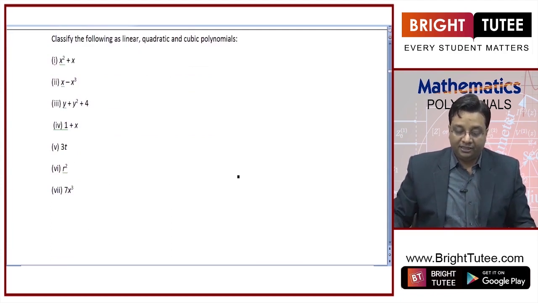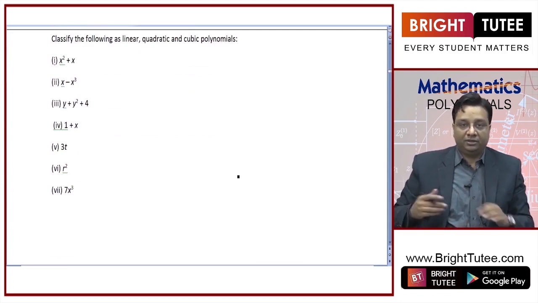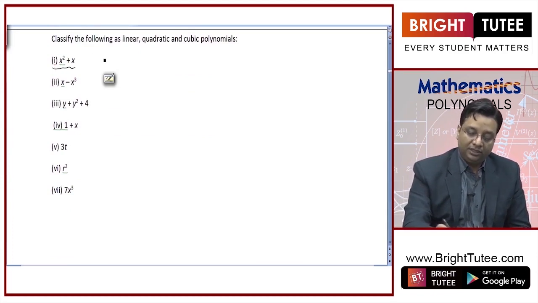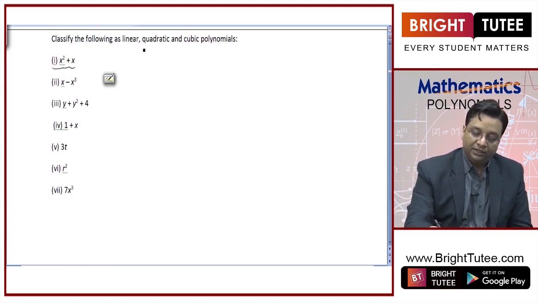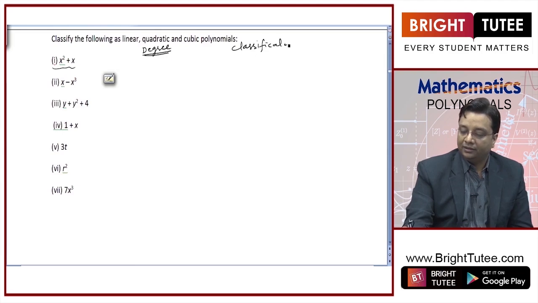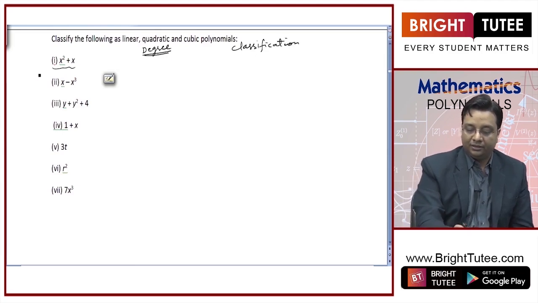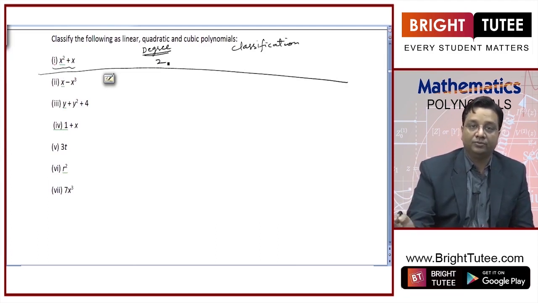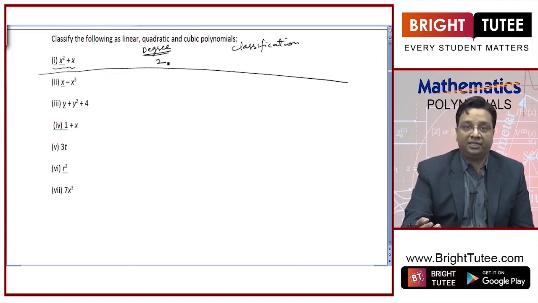Now, we need the classification depending on degree. Okay. In the first case, the degree is 2. Let me write degrees also. I will write the degree here and then the classification. Okay. So, the first polynomial here has got degree 2 because the highest power of x is 2.